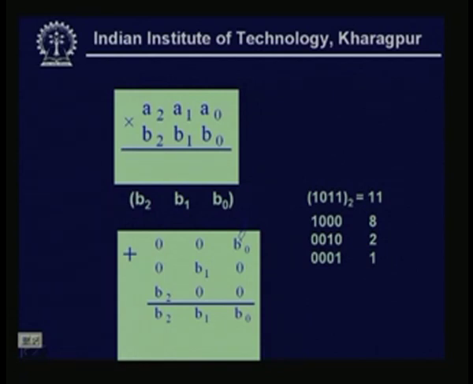So, we can partition or break B2, B1, B0 into 3 different combinations, and if we add them it will be B2, B1, B0.